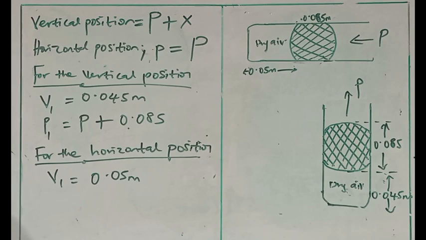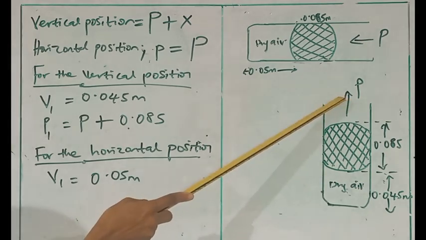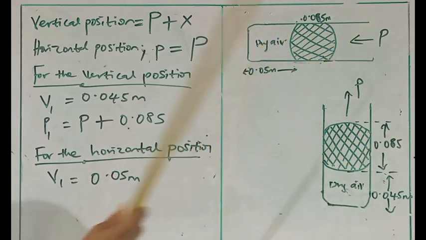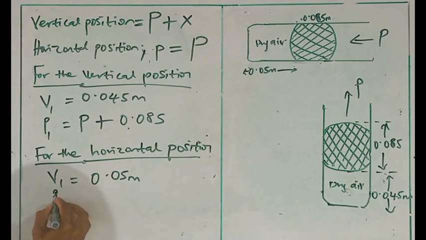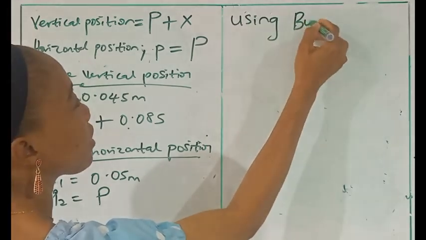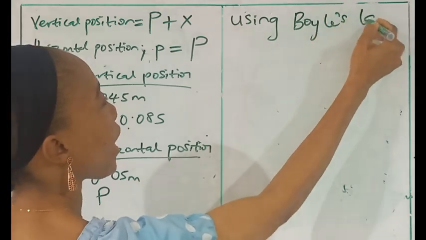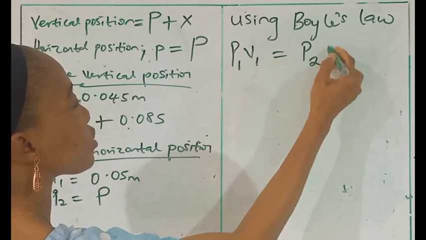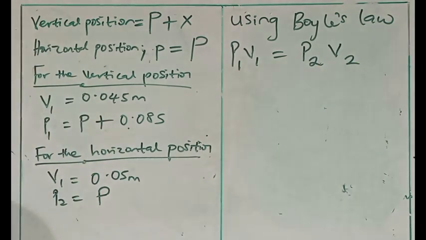The pressure P2 will be directly equal to the atmospheric pressure. So we are going to apply Boyle's law to solve this. Using Boyle's law, remember that P1V1 is equal to P2V2. So this is what we are going to use.